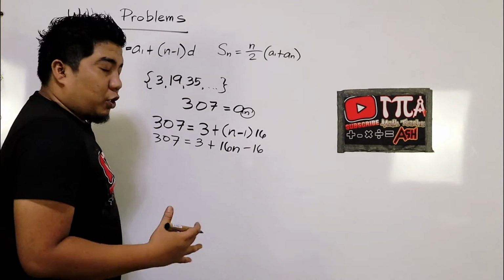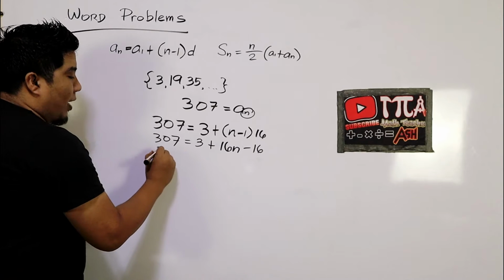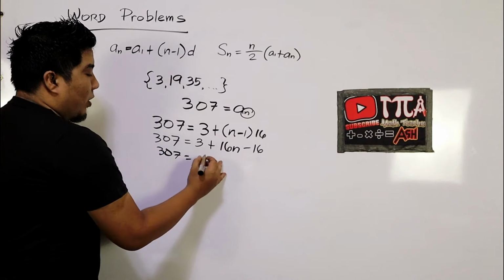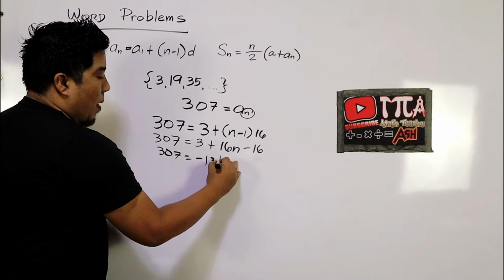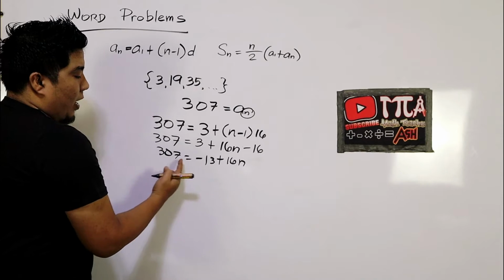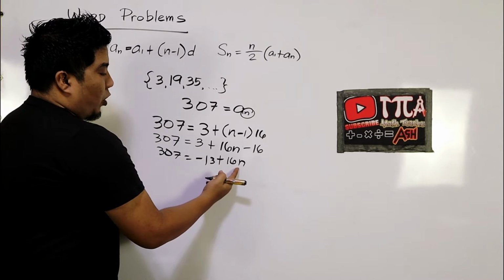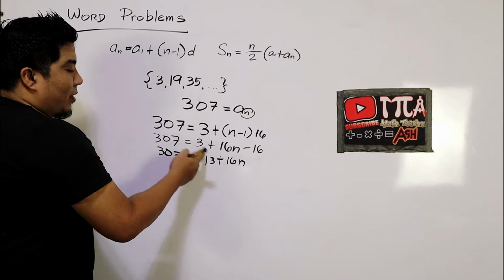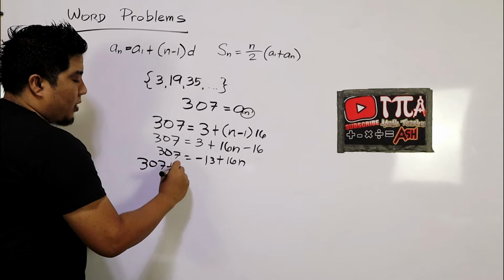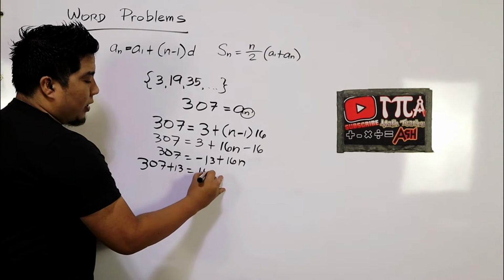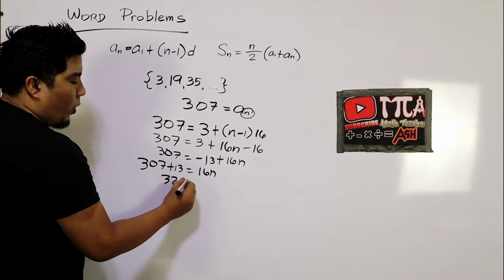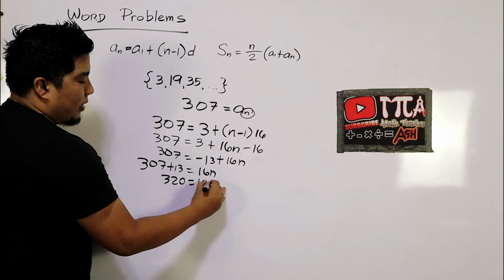Now at this juncture, you will combine like terms. So we have 307 is equal to 3 minus 16, that will give us negative 13 plus 16n. Of course, negative 13 is an integer, but 16n is a term with a variable, so we can transpose negative 13, giving us 307 plus 13 equals 16n. Simplifying, we have 320 equals 16n.